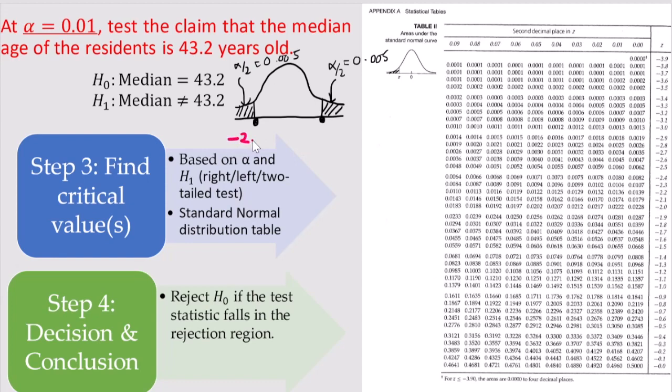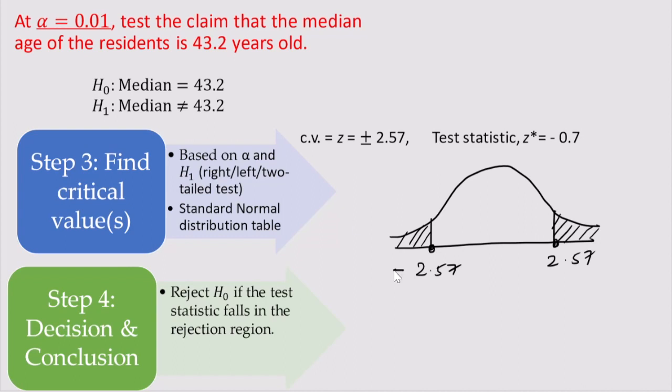Negative 2.57. And because for the standard normal distribution, our mean is equal to 0, this critical value over here would be 2.57. Okay, we have our rejection regions over here, negative and positive 2.57.